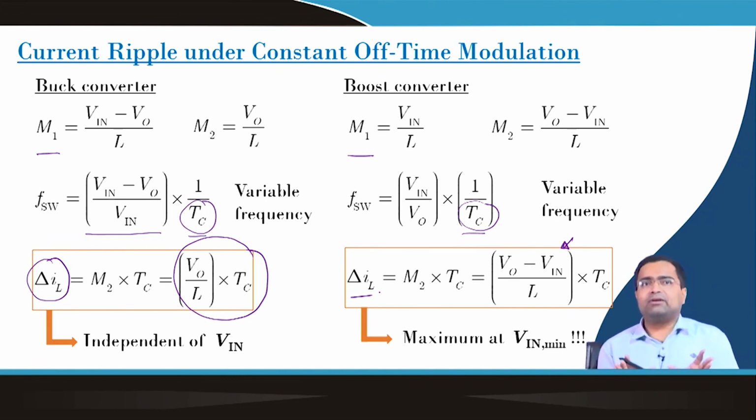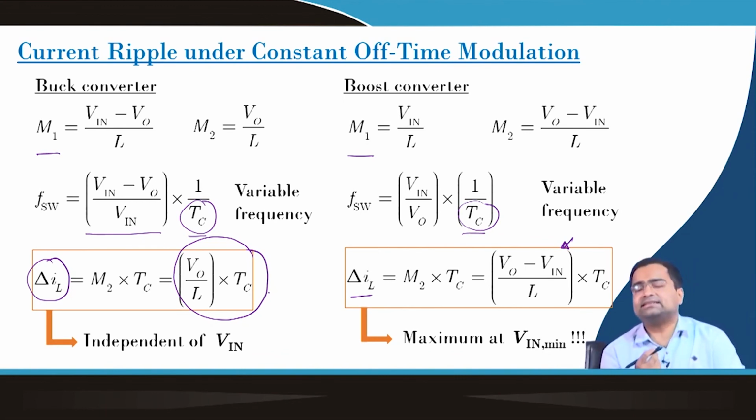So, whenever we choose any of these techniques, we have to be very careful about the worst case power stage design, and that is why I wanted to show the ripple criteria under variable frequency modulation. Similarly, you can find out the RMS calculation, for which we already have the equation.